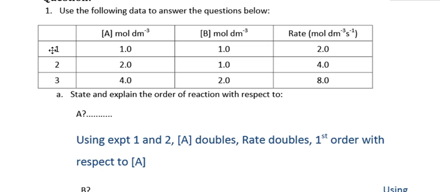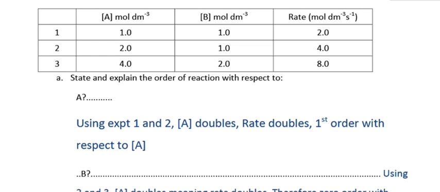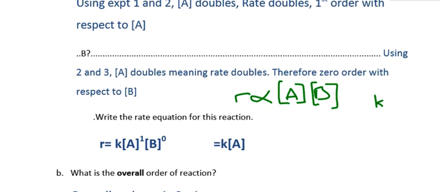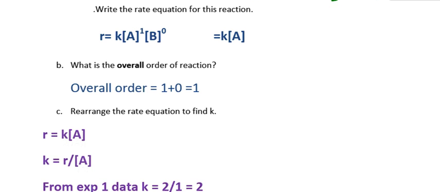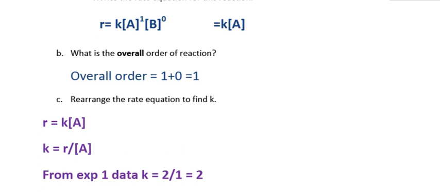If I've chosen experiment 1, I take the concentration of A in experiment 1 and the rate that was in experiment 1, and I put them into my equation, the rate being R and the concentration of A being [A]. So from experiment 1 data, I've got that k is equal to 2 over 1, and so the answer is equal to 2.